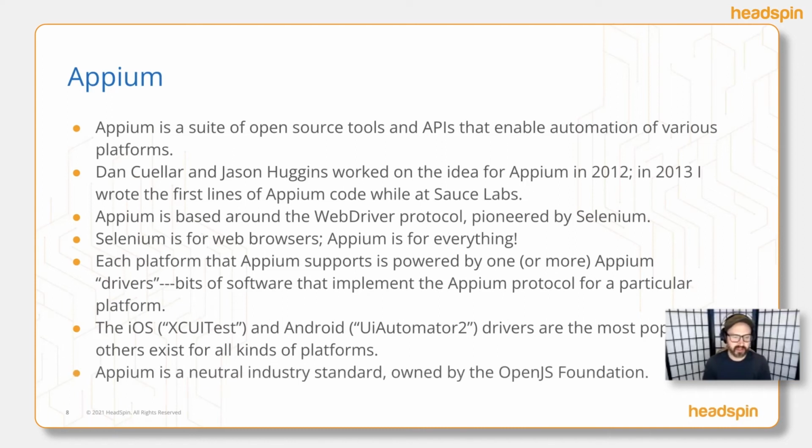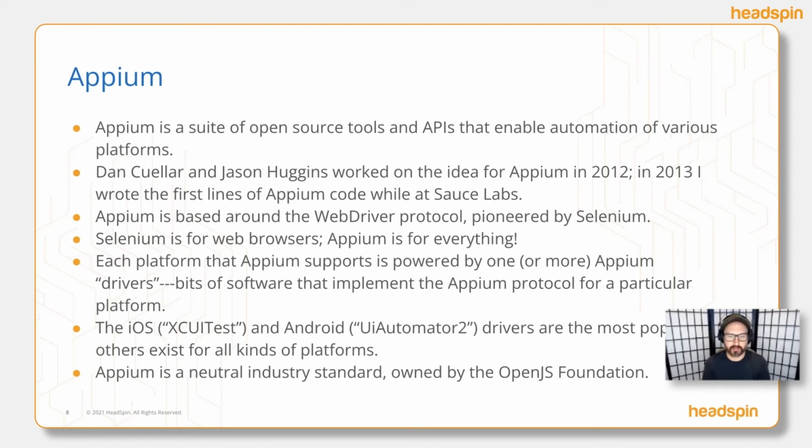Appium itself as a piece of software, or a set of GitHub repositories, is technically owned by the OpenJS Foundation. It used to be, I think, just called the JS Foundation.